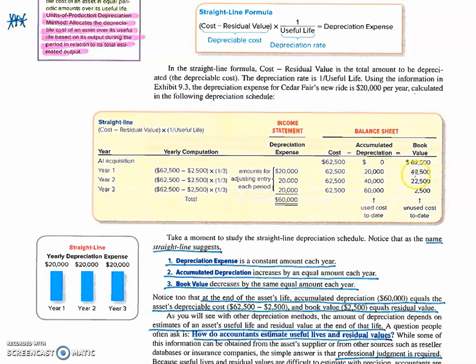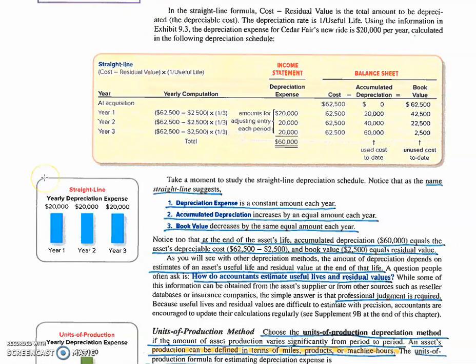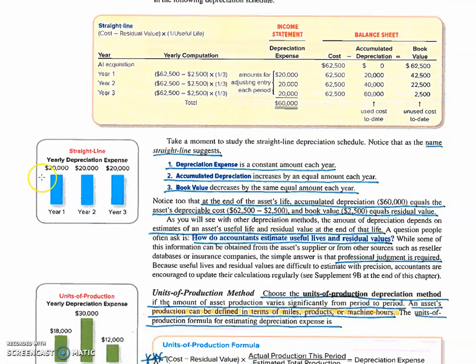After 1 year, it goes down by 20,000 to 42,500. Year 2, it goes down by another 20,000 to 22,500. Year 3, it goes down by another 20,000 and is down to 2,500. Okay, straight line's easy. No problem. You will not have any problem with it.